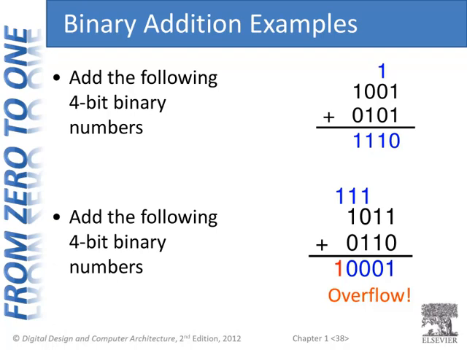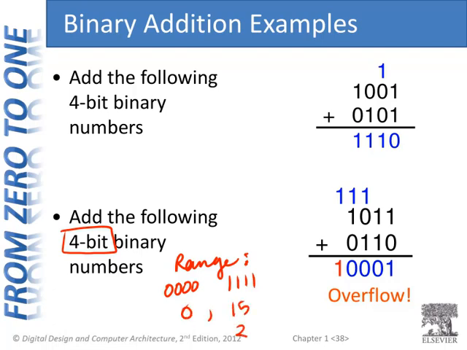The range of a 4-bit number is, again, 0 for a 4-bit binary number. The range is 0, the smallest number, to, well, the largest number is 1111. What value is that? 0 to 15, or more specifically 2 to the 4 minus 1. So it overflowed that range.